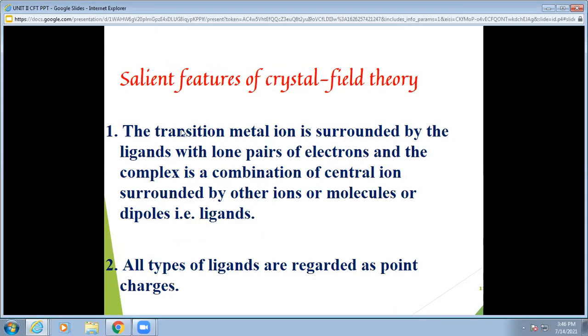What is the first point? The metal ion is surrounded by ligands. The metal and ligands form a bond, and that is called a metal complex compound.